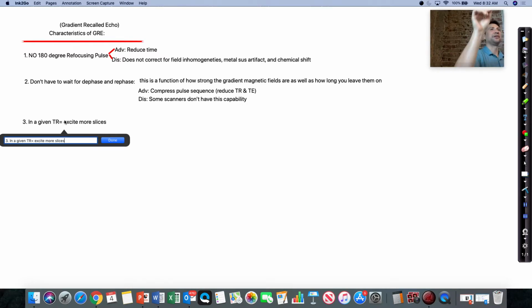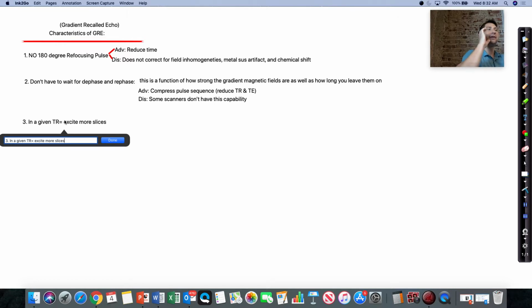You're ready to start your pulse sequence, and then all of a sudden it gives you this pop-up box. And it says our SAR limits have been reached. We either need to reduce the number of slices, or change the flip angle, or what's the other option they give you? Change your TR, exactly.